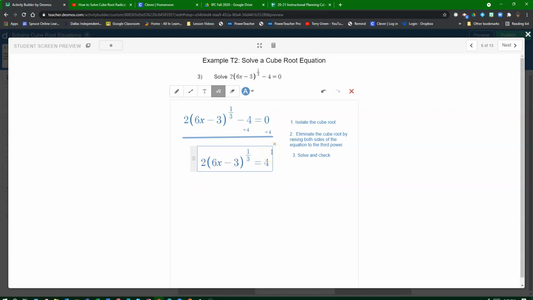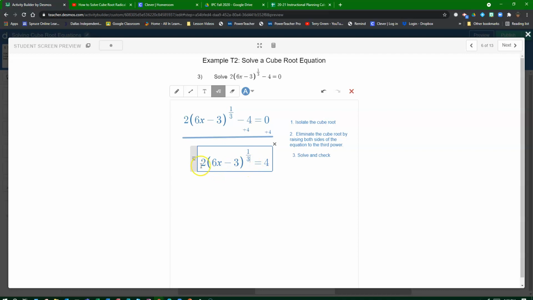Now what we want to do is, oh no, we haven't quite isolated yet. We still have that 2, so we need to divide both sides by 2.